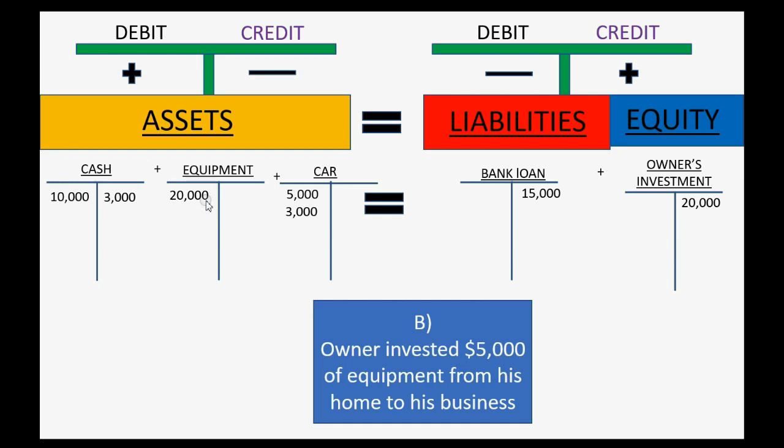We know that equipment is an asset, and if we have a plus to an asset, the diagram tells us that we put that on the debit side. And if equipment is debit, and the transaction says the owner's investment is the other account, then the other account must be credit. The owner's investment is credit because the owner has more equity in the company because she or he invested more value in the form of the asset equipment.